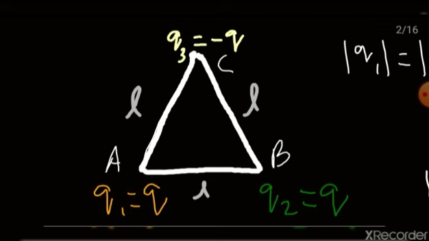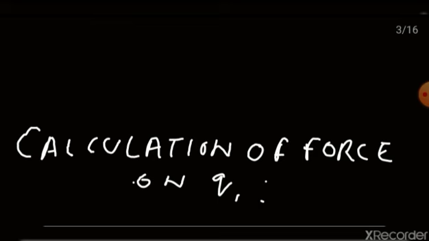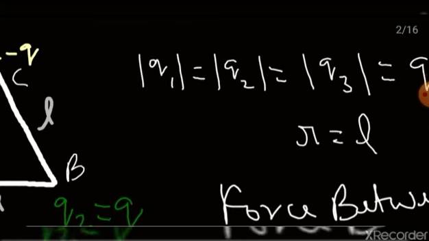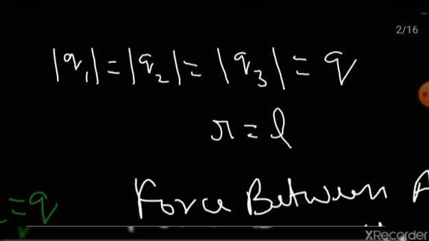So for all three we can say that their magnitude is the same. I have written that mod q1 equals mod q2 equals mod q3 is q, and r is L. That means the distance between each of them is L.